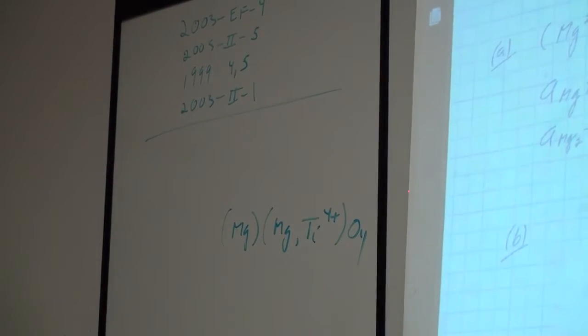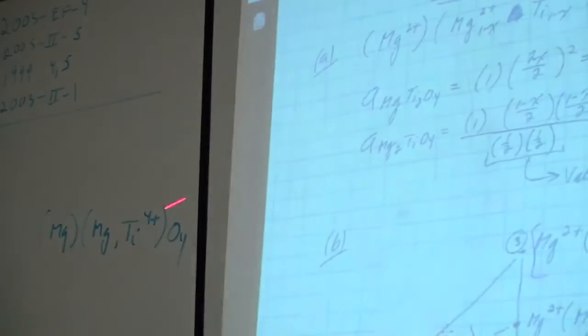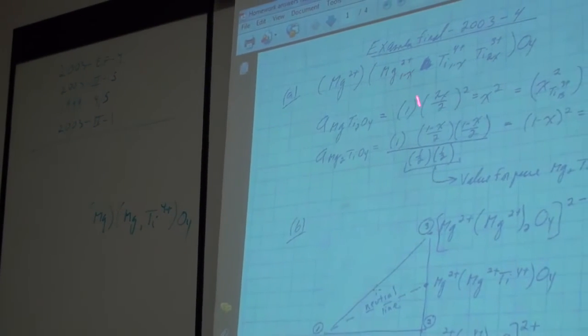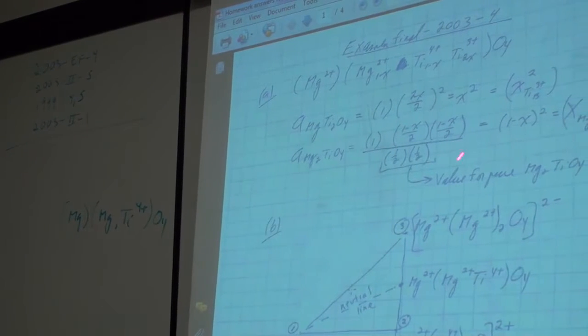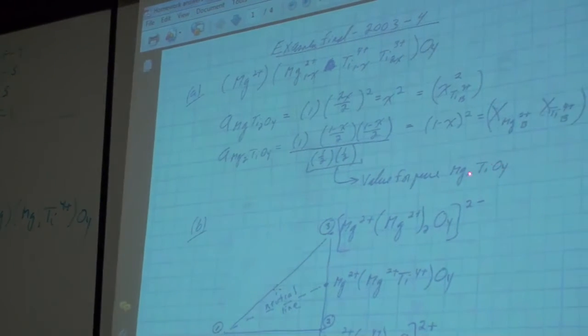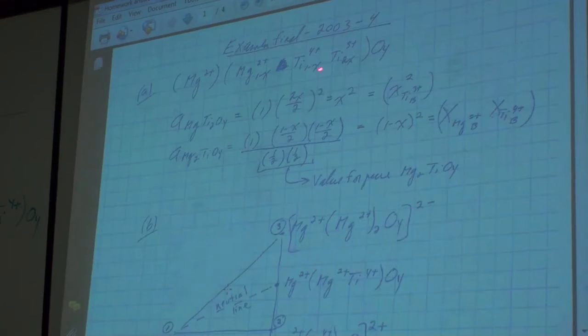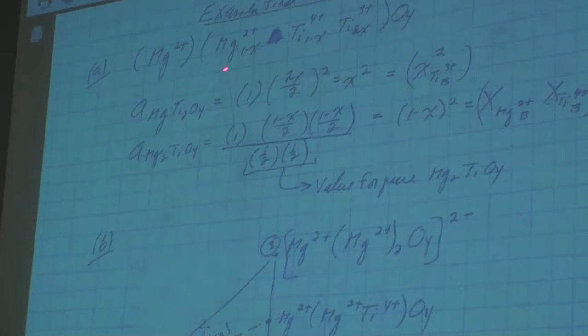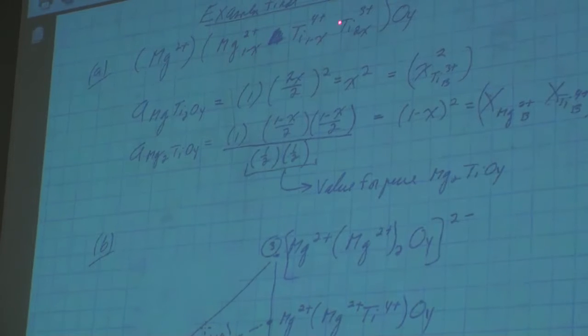Okay, so the magnesium on this lattice is 1. On this lattice, the fraction of magnesium is 1 minus x over 2, and the fraction of titanium 4 plus is 1 minus x over 2. But you have to divide by the value for pure Mg2TiO4, because now you want the activity of pure Mg2TiO4, that is with no Ti3 plus on this lattice, to be 1.